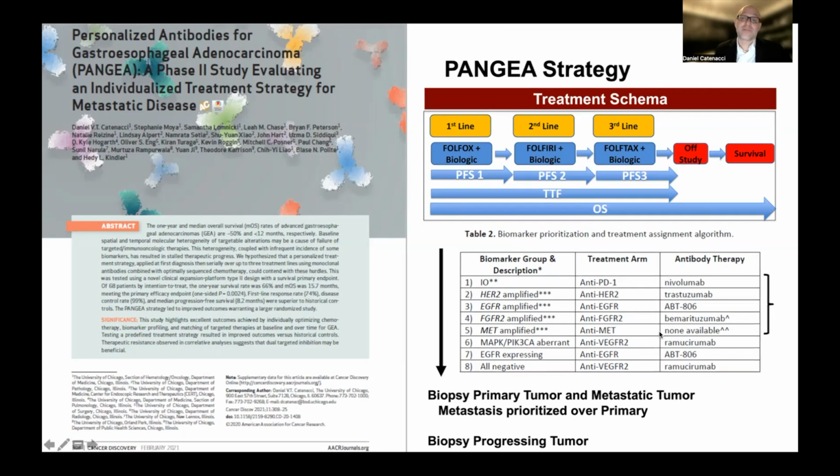If that was the case for any group at any time point, the patient was treated with just the standard of care. They were still followed for outcomes, but they weren't included in a Pangea strategy treatment arm. They were just assessed independently to see how they would do without their matched targeted therapy.